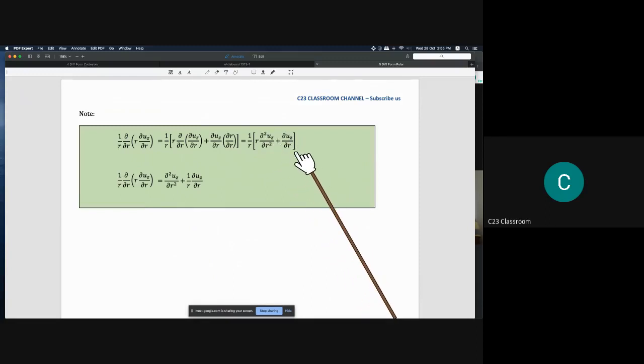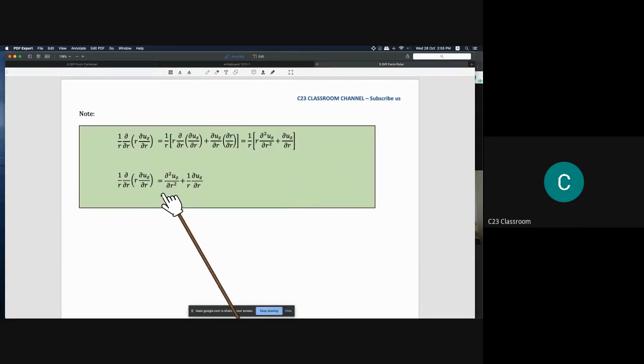If you are not expanding by yourself and seeing the difference, you might not be able to relate why this term can turn into this one. So I hope you could do a little bit of calculation, the proof of this equation.